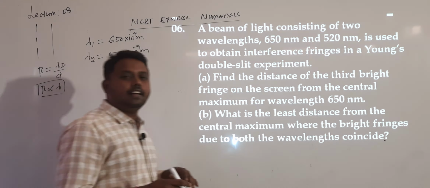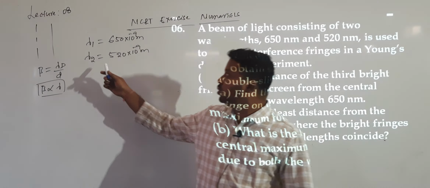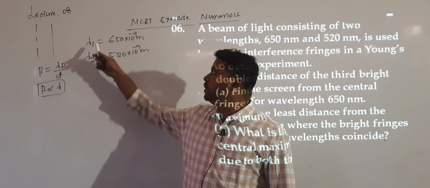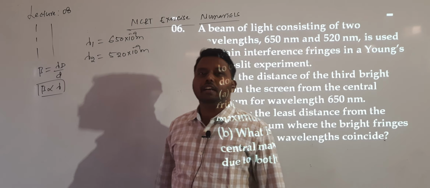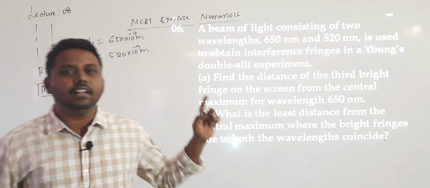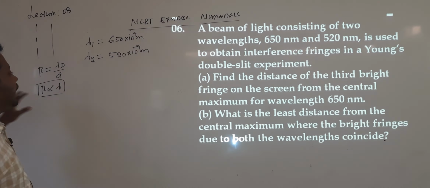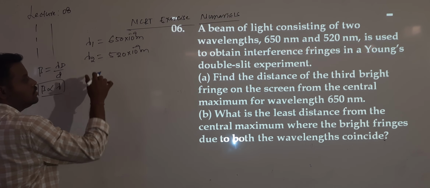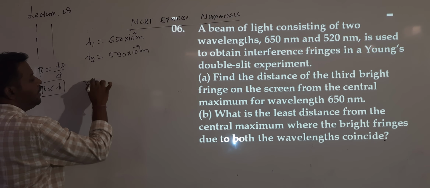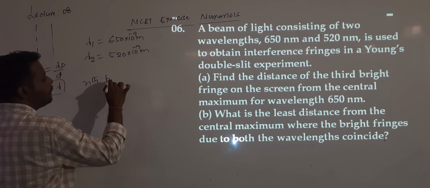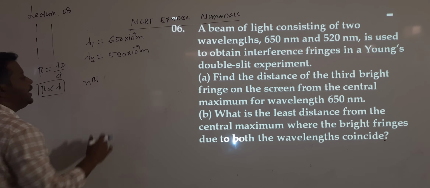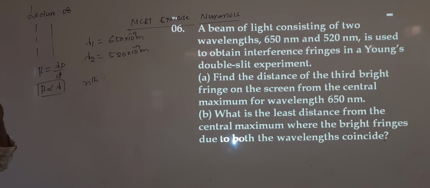To overlap means, which fringes are wider? For the light of wavelength lambda 1, fringes will be wider. Which fringes are narrow? Lambda 2 fringes are narrow. So I will write the formula for what they have given.